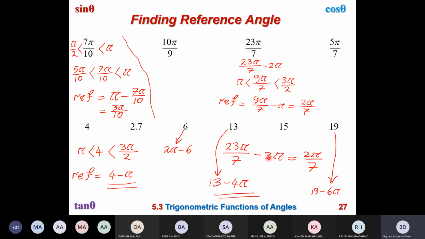If you subtract 3 pi from 23 pi over 7, it will give you 2 pi over 7. It gives you the reference angle by skipping the coterminal angle. We skipped the coterminal angle and found the reference angle directly, you see?